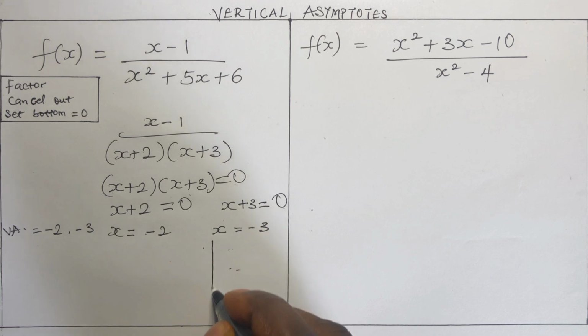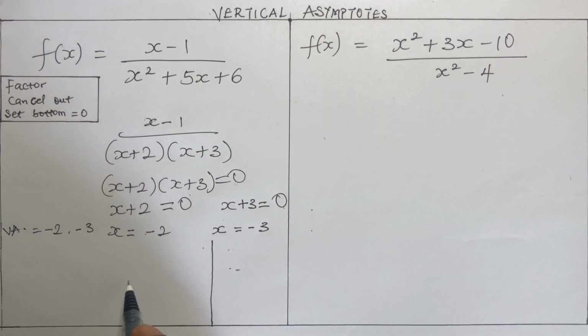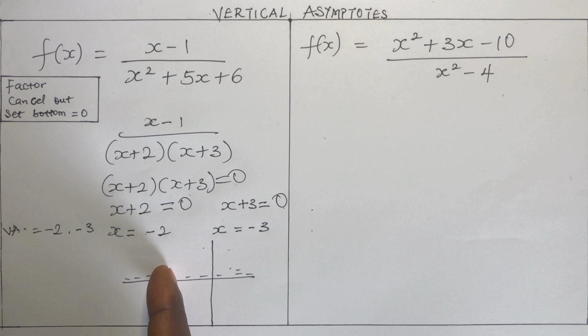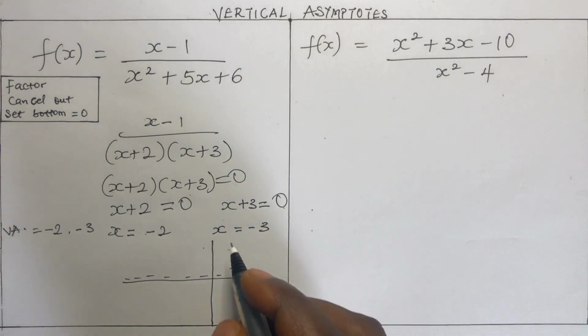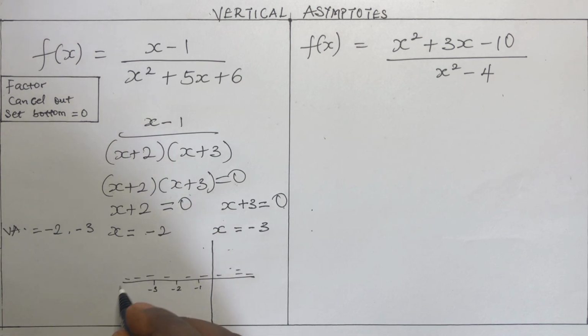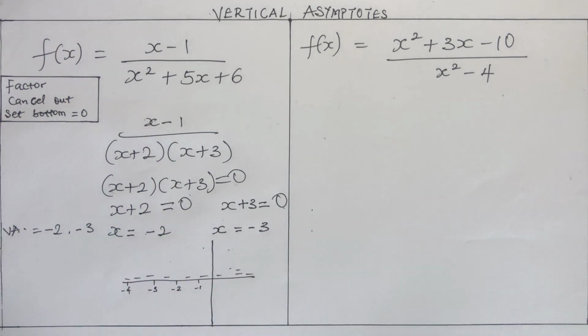So we have this graph right here, and we have the dotted invisible horizontal line, which we call the horizontal asymptote, right? And we have negative 1, negative 2, negative 3, negative 4 to infinity.